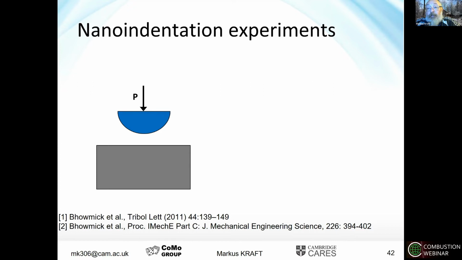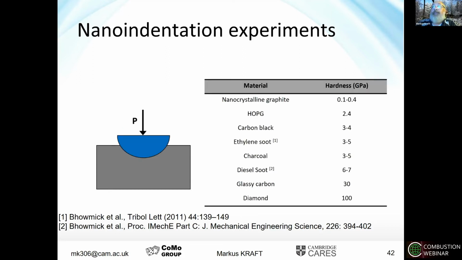So we looked in the literature for more experiments. Again, this was Jake's initiative. He suggested to look at nanoindentation experiments. At that point, Laura was in Singapore as an exchange student, and she looked at nanoindentation more closely.